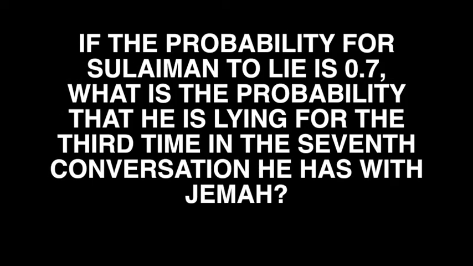So I'm going to show you again Sulaiman's question just now. Based on the situation just now, there are 7 repeated trials. Each trial can result in just 2 possible outcomes.